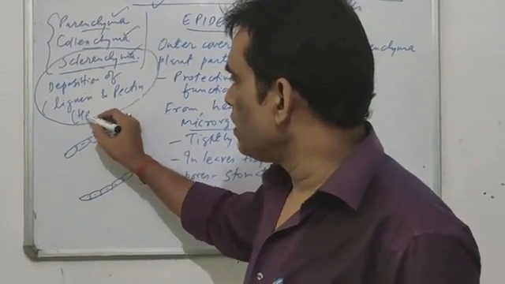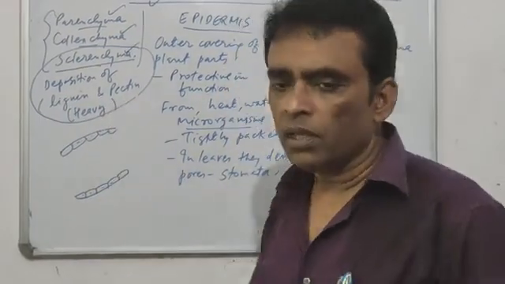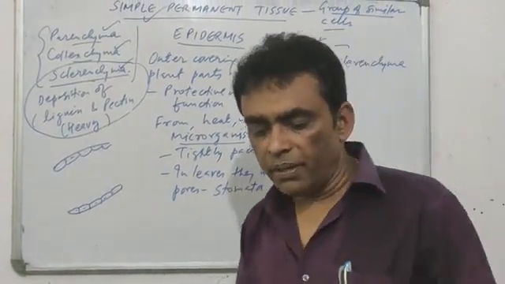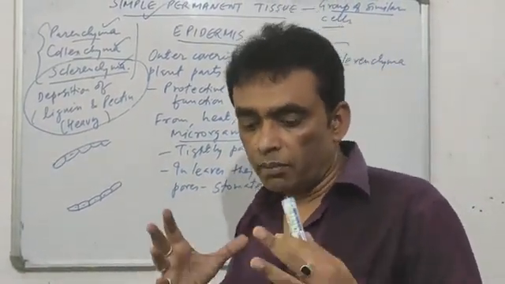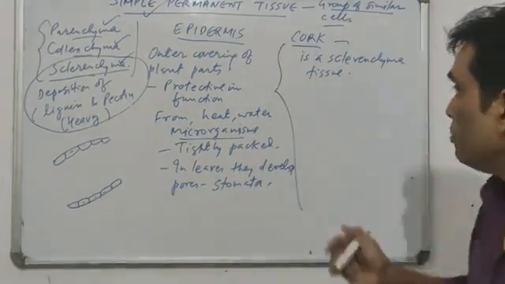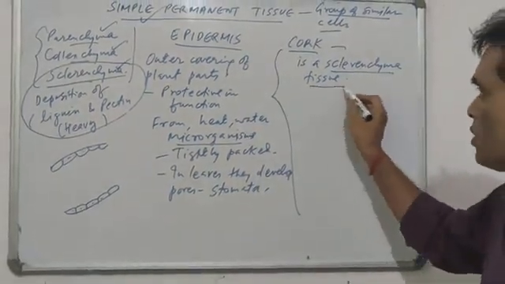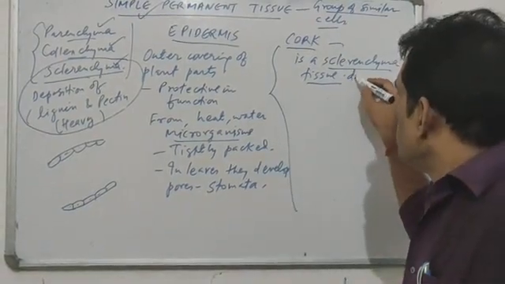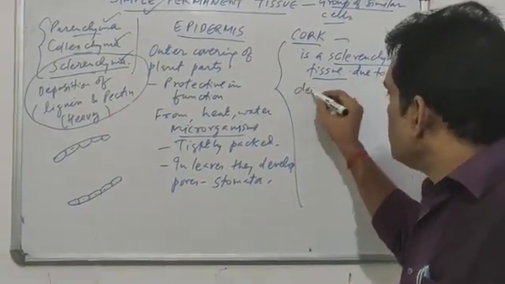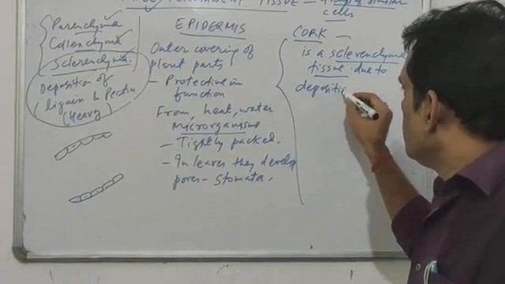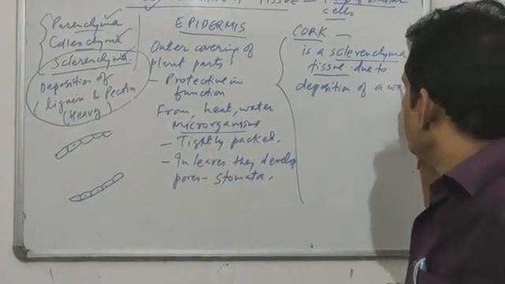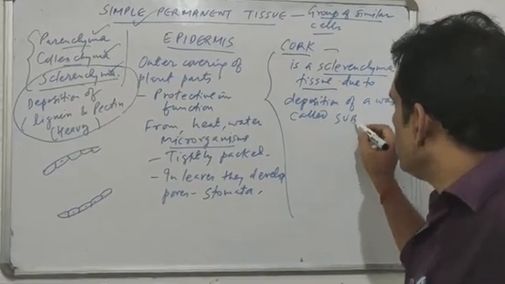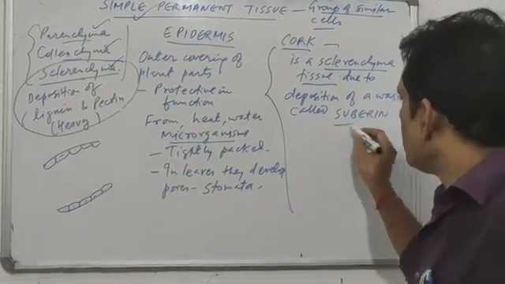Lignin and pectin are the waste materials formed in general plants, and they are heavy in nature. They make the tissue heavier and stronger. But a special sclerenchyma tissue develops in only some plants, not in all plants. It is due to the deposition of a waste called suberin. It is another waste.